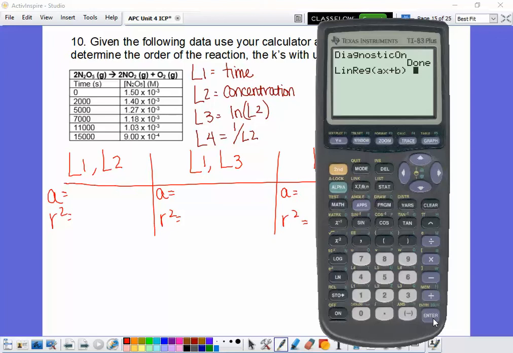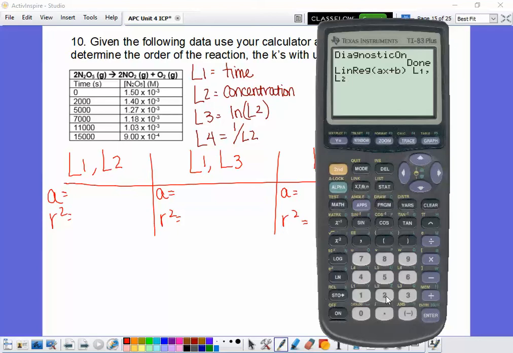When you're doing that, you can tell it to set the x list to L1 and the y list to L2. Remember, second and then 2 sets it to be L2. If you have it like this, what you want to do is second L1, comma, second L2. I actually didn't need to do that for this first one because that's the default.